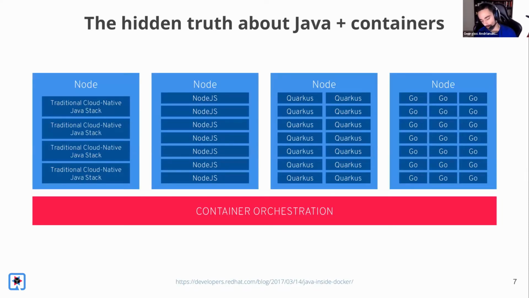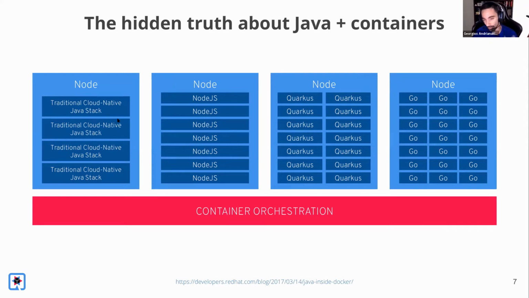If we go back and think about the state of Java in 2015, for example, when Quarkus wasn't around, people were trying to run Wildfly or Spring Boot or whatever else in containers, and they were seeing that on a single Kubernetes node, they could only run, let's say, four instances of a Java application.